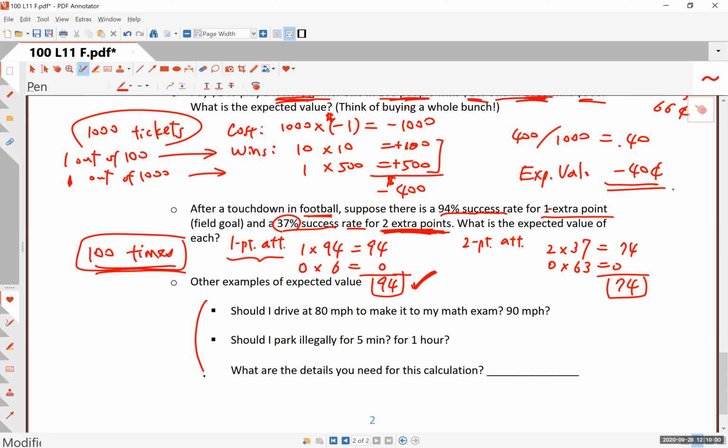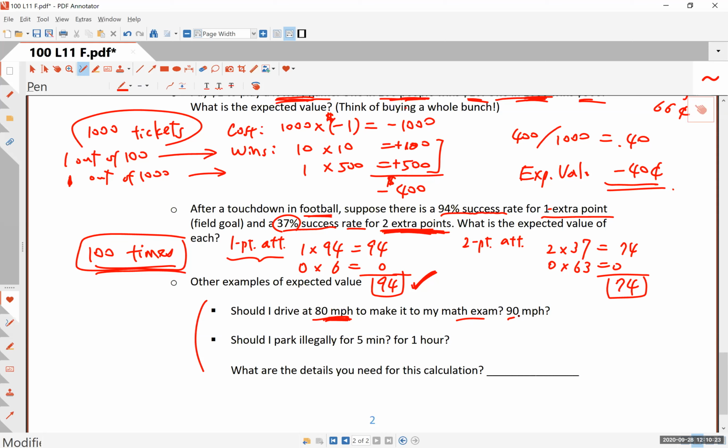Other examples of expected value: it basically is dictating everything you do all day long, every day. Right? Should I drive at 80 miles an hour to make it to my math exam? Well, yeah, if everybody else is doing this, it's very unlikely that you get caught and have to pay the fine. So maybe people do that.